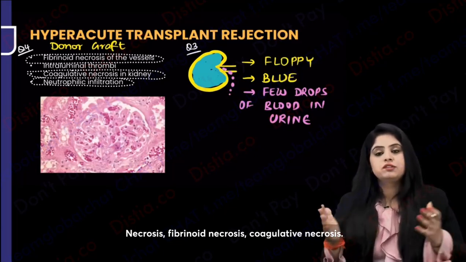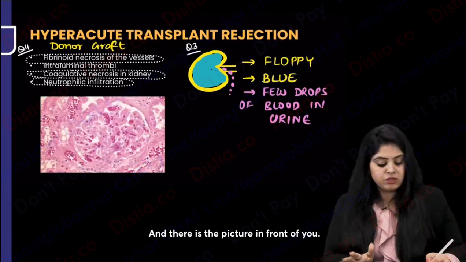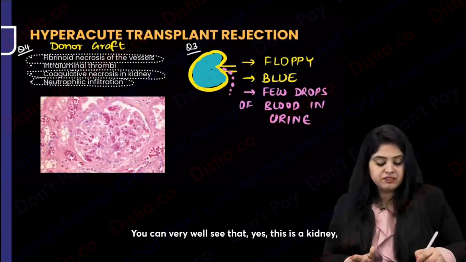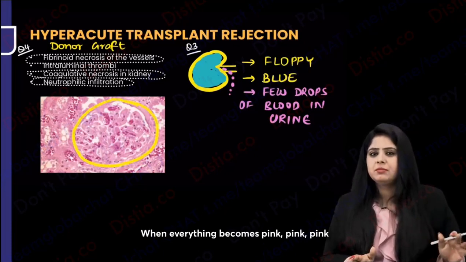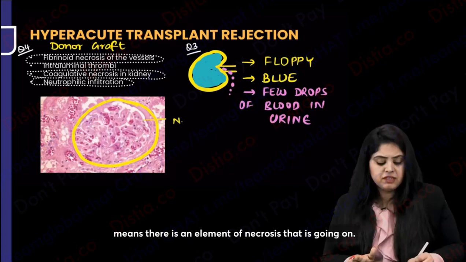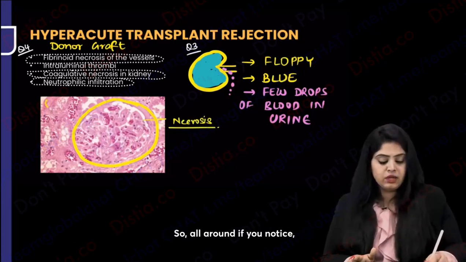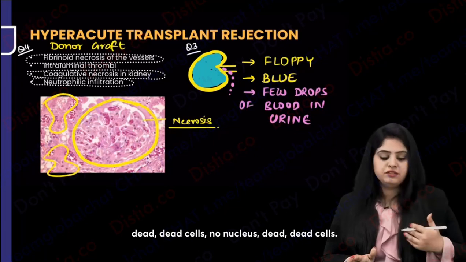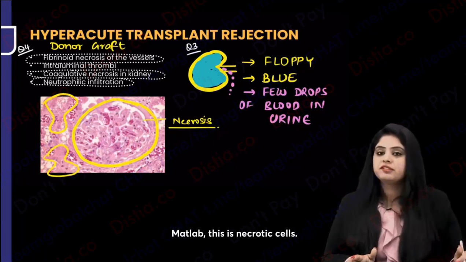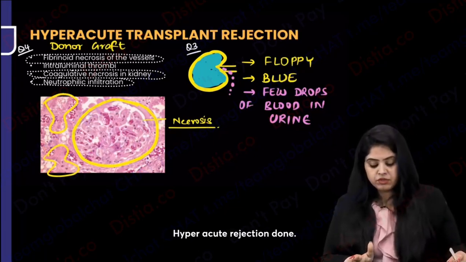Necrosis, fibrinoid necrosis, coagulative necrosis, and there is the picture in front of you. You can very well see that yes, this is a kidney and it's showing you very pink. When everything becomes pink means there is an element of necrosis going on. So all around, if you notice, everything has become pinkish, dead cells, no nucleus, dead cells, matlab this is necrotic cells. Hyperacute rejection done.